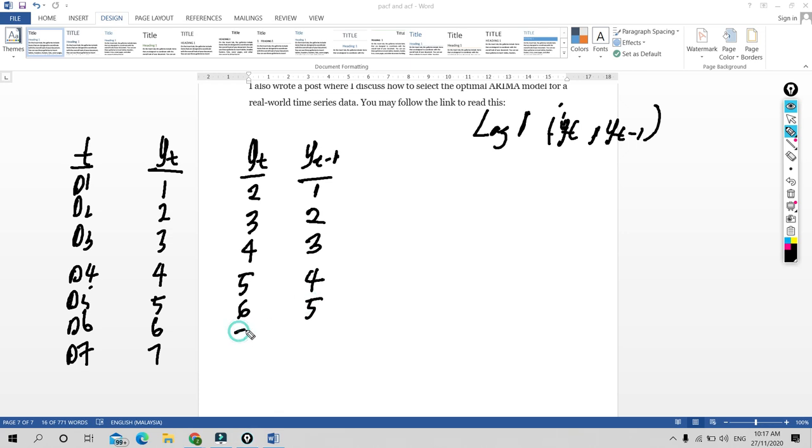Let's say you get 0.8. So one point here, 0.8. You just draw a line here, and the maximum point here is 0.8.